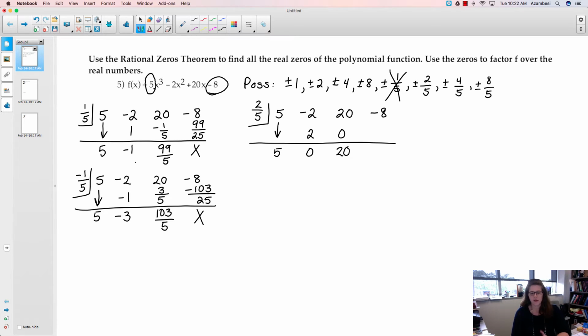All right, so 2/5 times 20, I can simplify the 5 and the 20 gives me 4, so 4 times 2 gives me 8, and I have 0. Yay! So we already have 1, and that means that my function is so far equal to x minus 2/5, and what I have left is 5x squared plus 20.